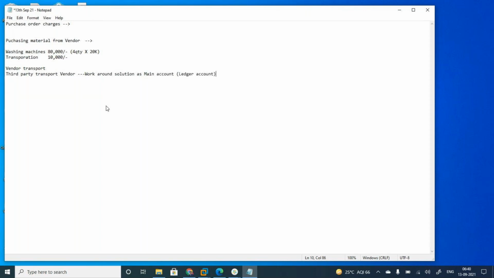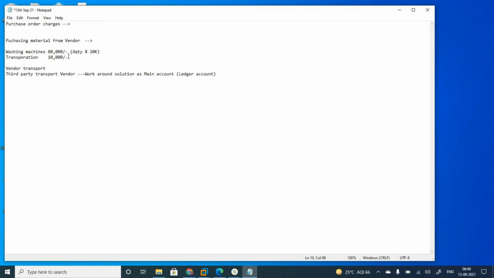I will explain one by one. This workaround solution is fulfilled with the landed cost module. What is this? We'll discuss later. First, let me explain.